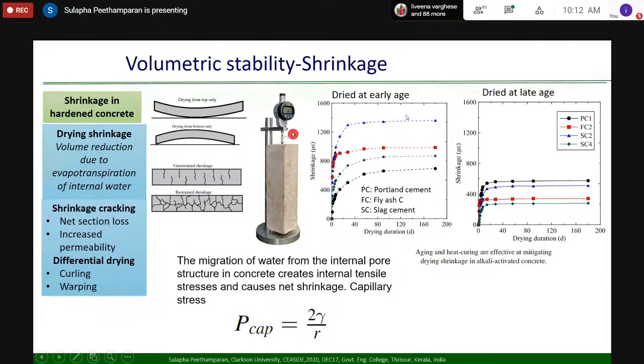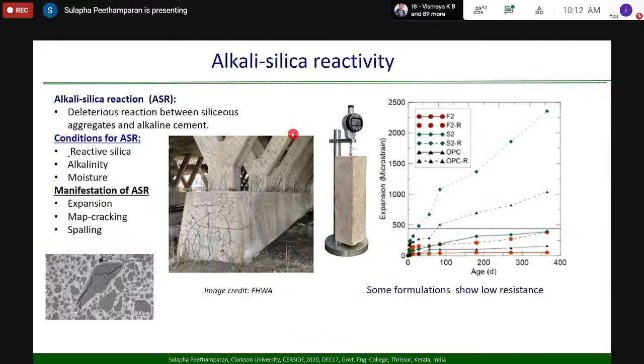But in geopolymer, it is slightly higher. So you may have to process it differently, cure it differently, or open it after a certain period of time to reduce that shrinkage. There are remedies, but it is not perfect. We need more information, long-term data on stability.